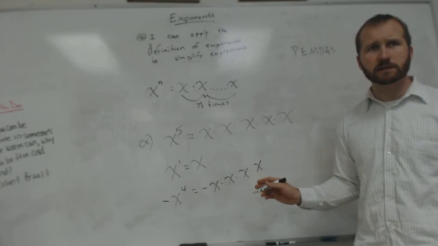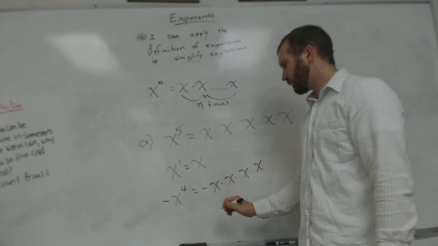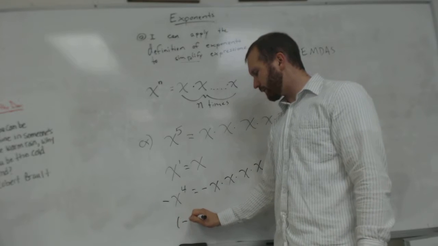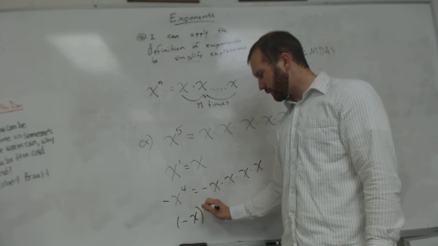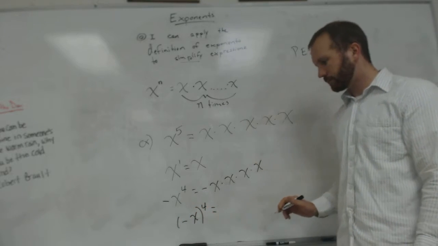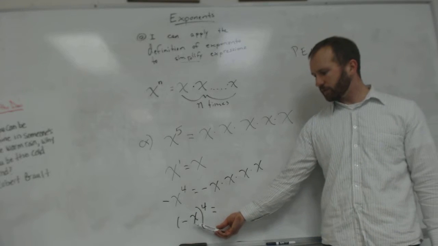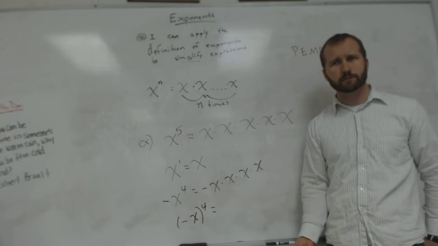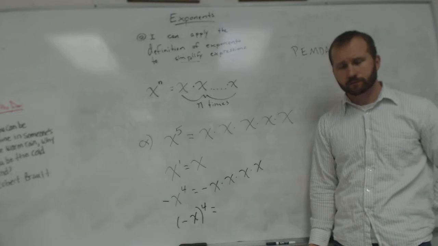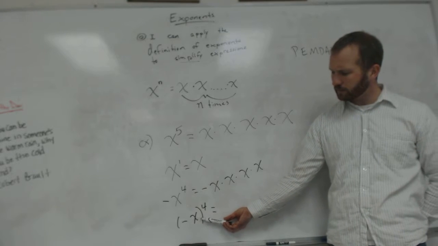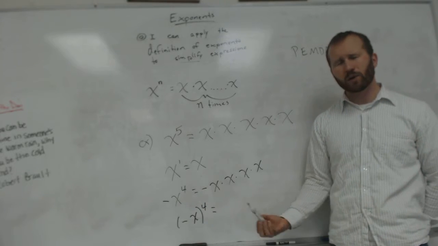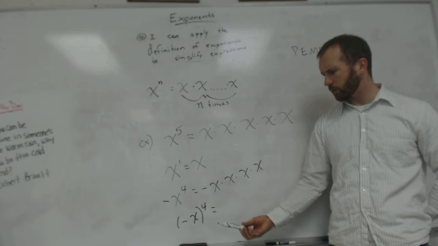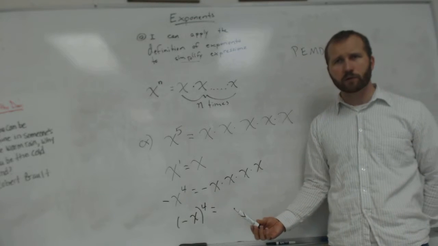So exponents with negatives can be a little tricky. Now sometimes you'll see something like this. If I have negative x to the 4th power, what's different from this to this? What's different between this here and this here? Both I would read as negative x to the 4th power.